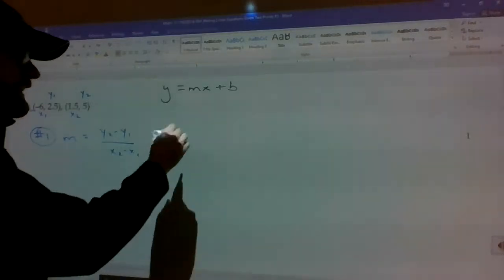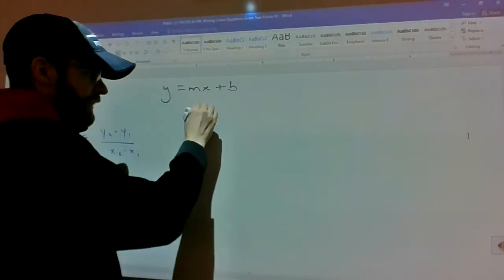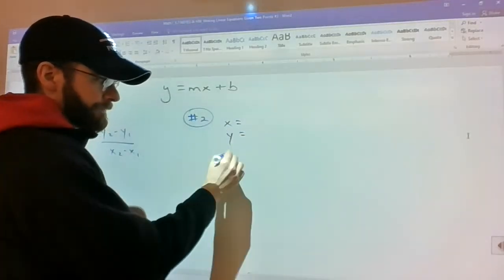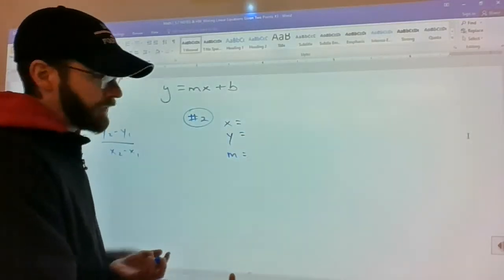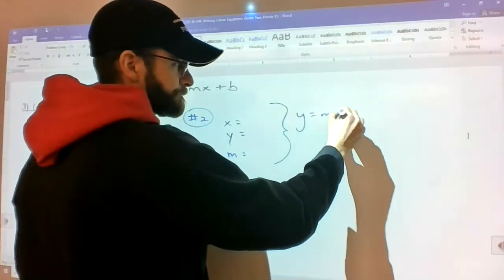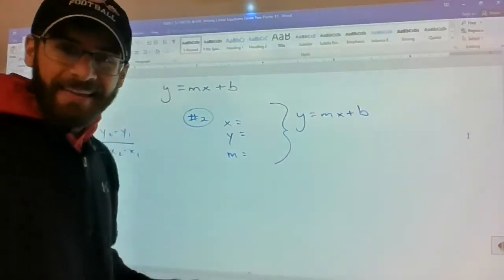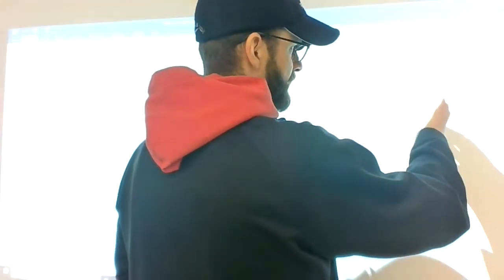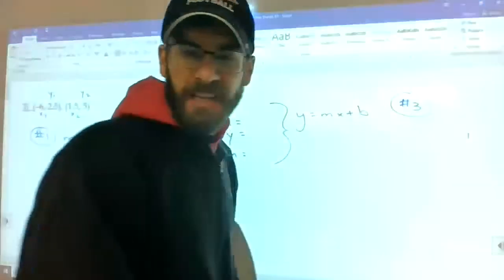Step number 2 is we pick a point. So you're picking an (x, y), and you've got your slope, right? And we're plugging those values into y = mx + b. And then step 3 is just writing your equation at the end. So I'm just going to leave that blank for now.